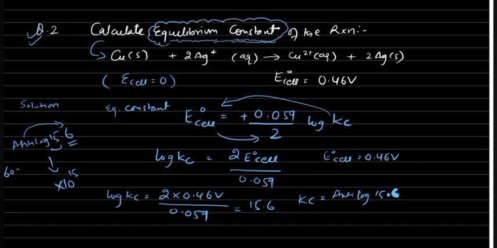In front of 60, below 0, the value is 3.92 (392). Since before the decimal there are 2 digits, 1 and 5, we do minus 1, so there will be 1 digit before the decimal. So KC is equal to 3.92 into 10 raised to power 15. So this is the answer.